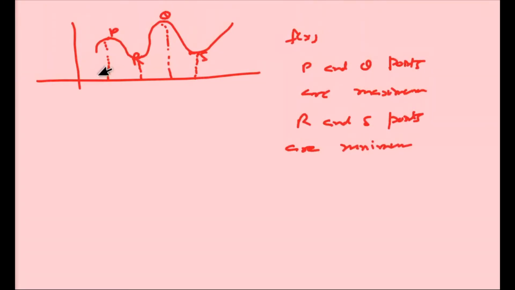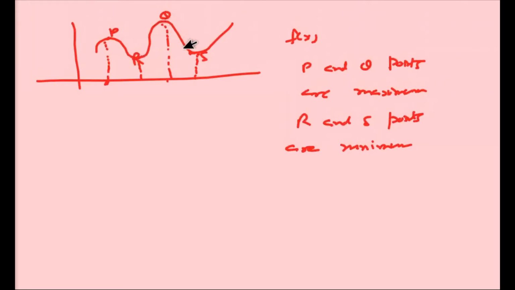Now at these 2 points you can see that for values of x less than this, the function is increasing, and after this point it is decreasing. Here also on the left side it is increasing, and after this point it is decreasing: first increasing then decreasing.